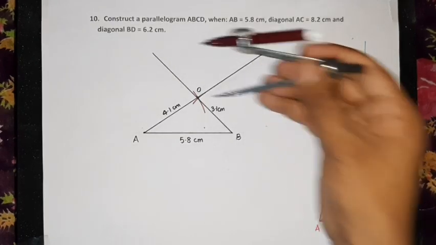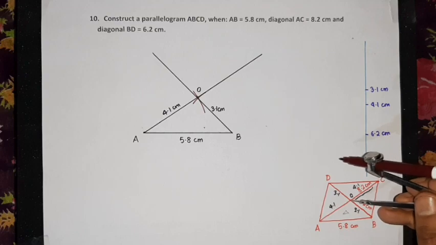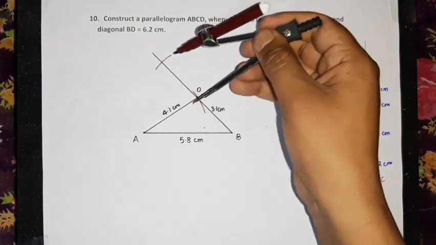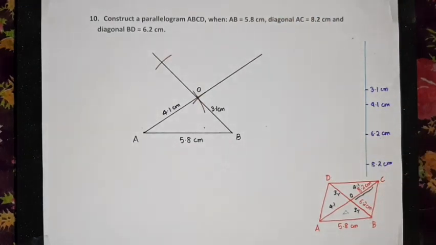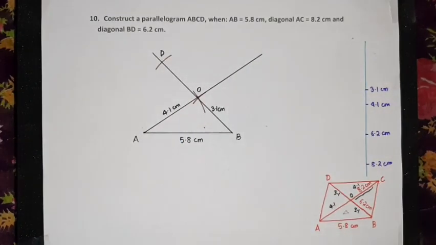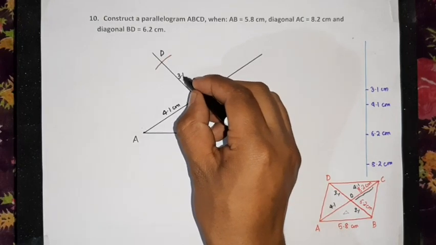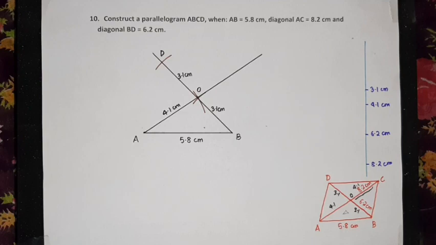So that's why from here, that is from O, I'm taking an arc of 3.1 and cutting this extended line. Okay, so this extended line gets cut exactly at this point, and that point will be my point D. Okay, so that means from here to here is 3.1, so this is also going to be my 3.1 centimeter. Is that clear?